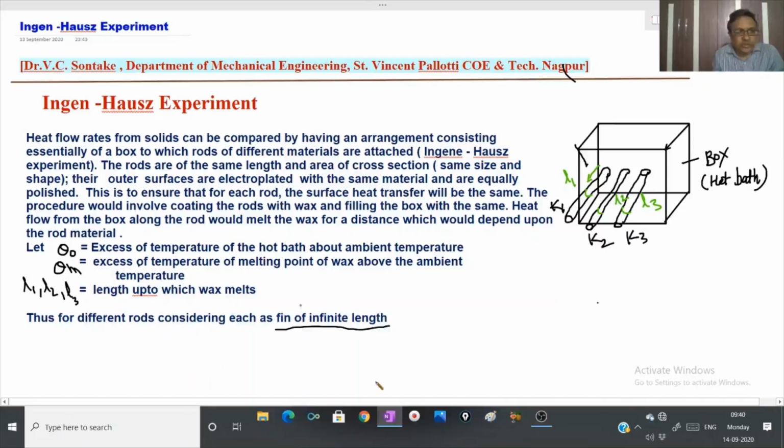If all the three rods are considered as fins of infinite length, I can find out the temperature distribution.